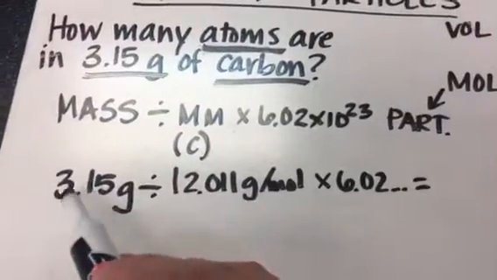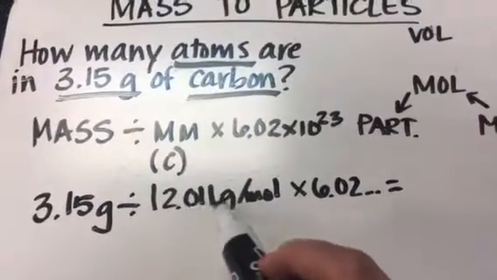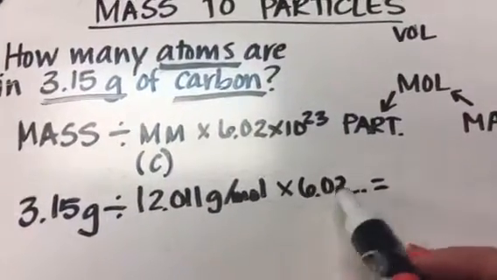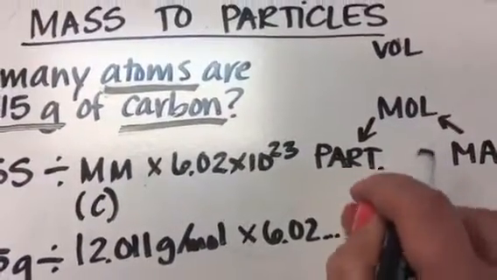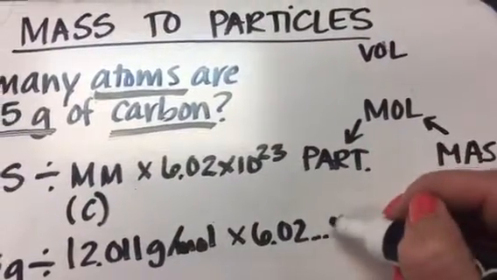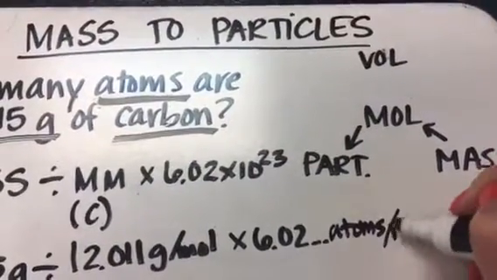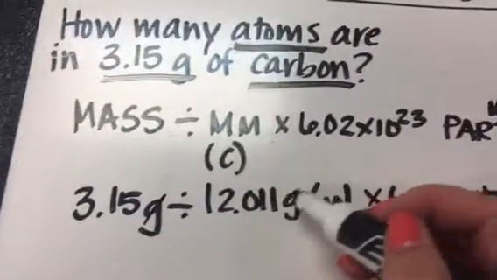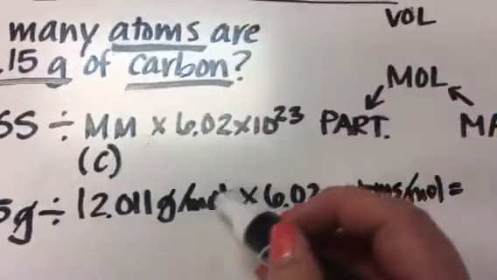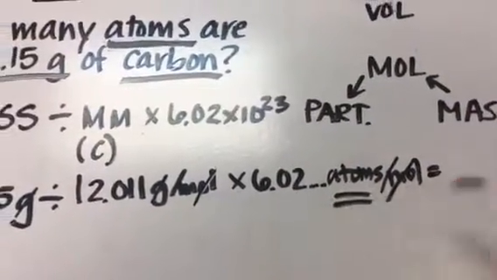Remember, you'd put this in order: 3.15 divided by 12.011 times Avogadro's number, this whole thing. Remember too that the units would be atoms per mole, because then grams divided by grams cancel, and you'd be left with what you want.